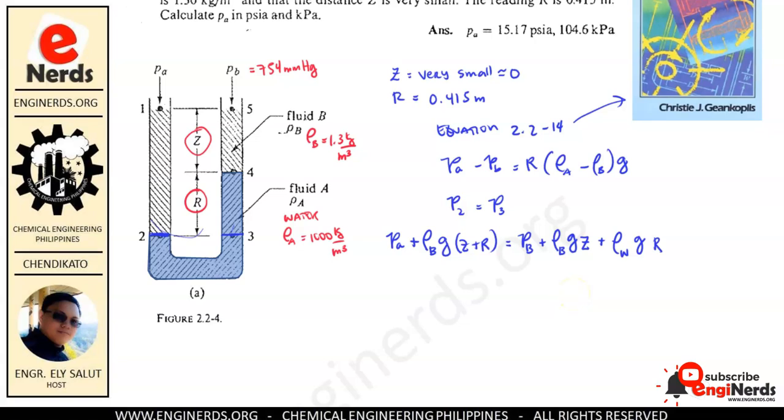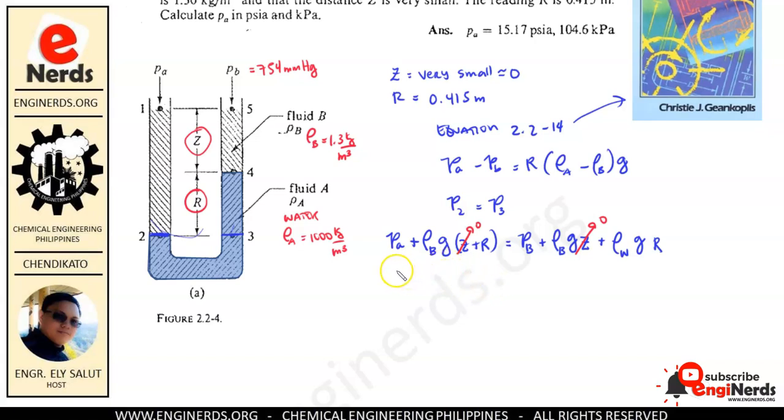Okay, now we are told that the value of Z is very small, which I said we can already assume is almost equal to 0. So we'll have here our Z equal to 0 and our Z in here is equal to 0.